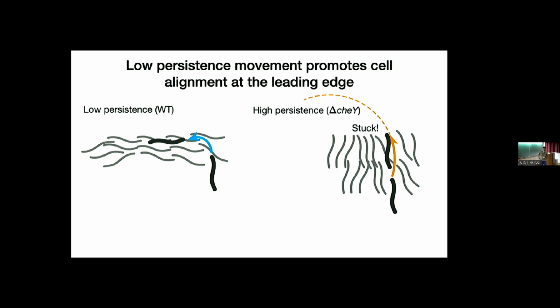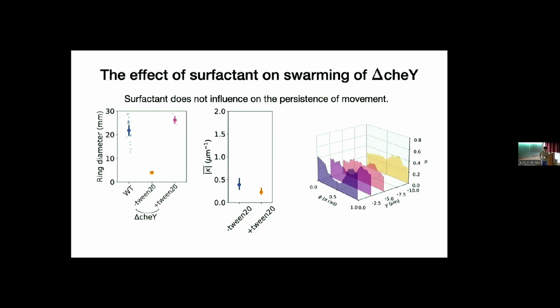But this is not the case for the high persistence mutant, like delta KY. It comes here, but it doesn't rotate or turn. So it's stuck.